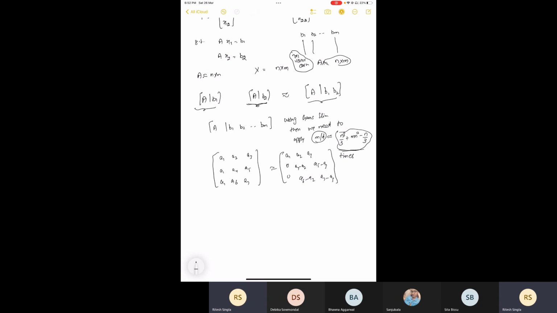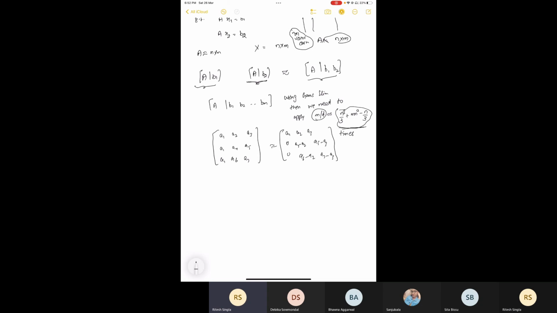But this formula counts as if we are doing A21 upon A11 into A11 at each step.